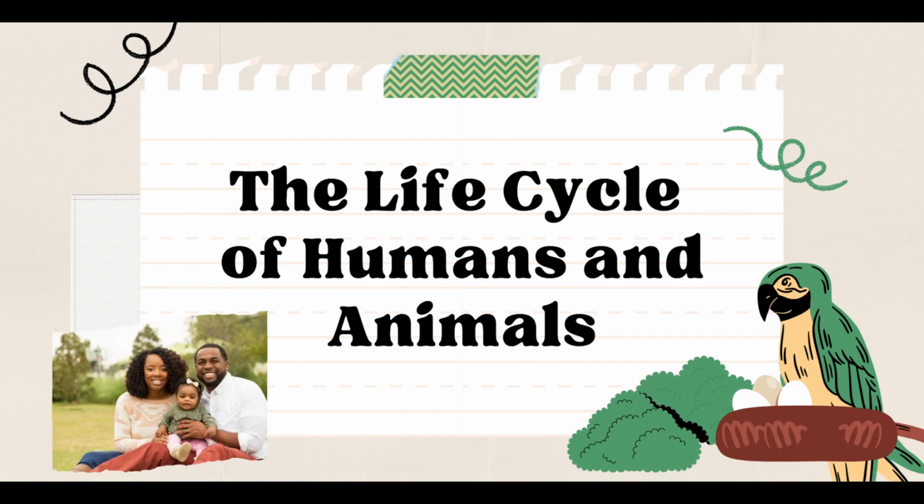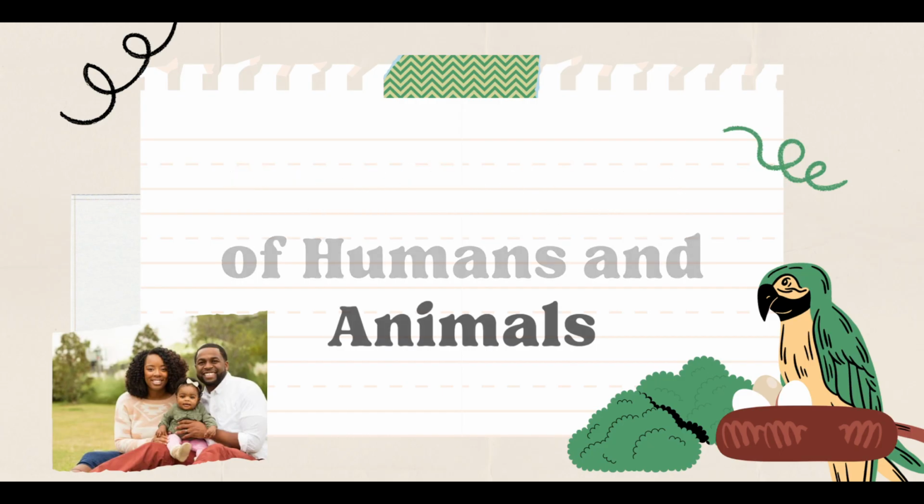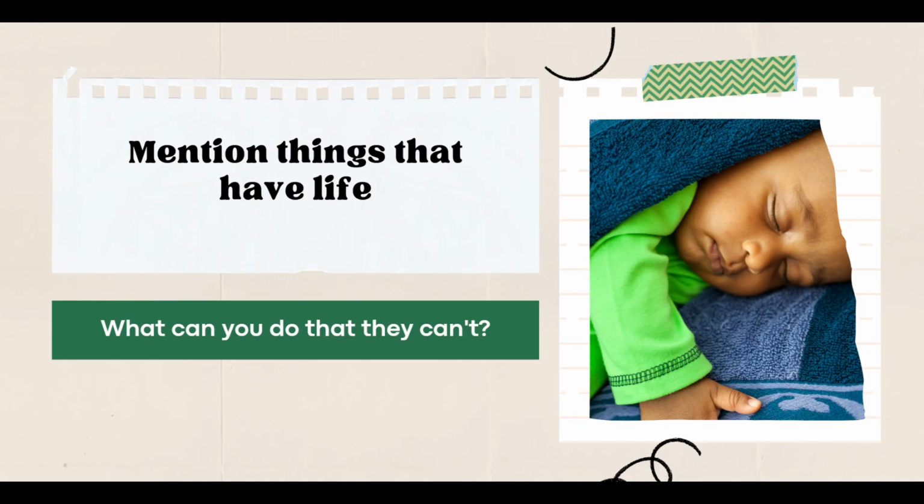Okay, this is my presentation on my topic, life cycle of humans and animals. So I'm going to move from slide 1, introduction, and then I ask my students, mention things that have life. So I'm assuming that I'm in the class right now doing my lesson, asking my students to mention things that have life and giving them opportunity to make their answers.